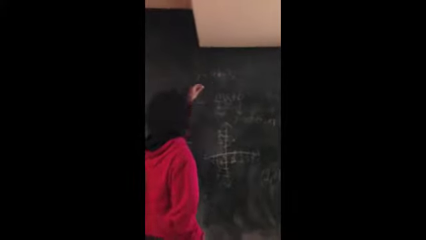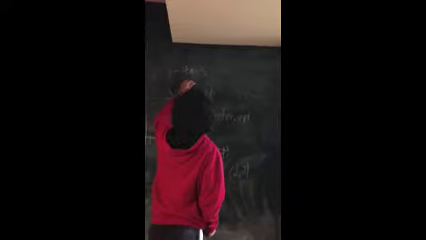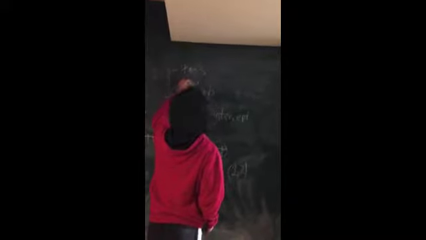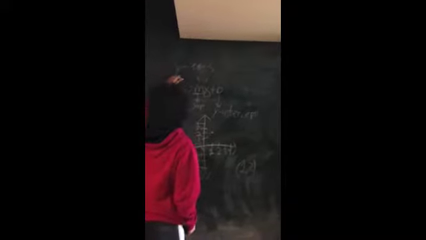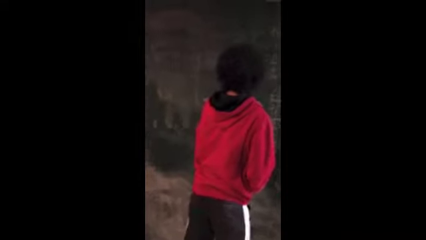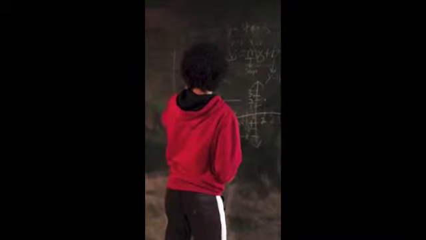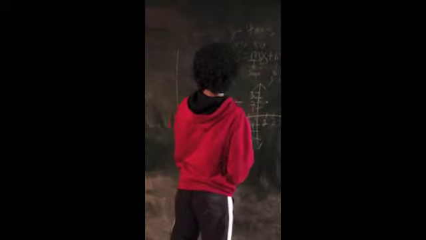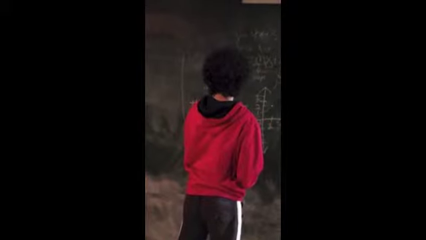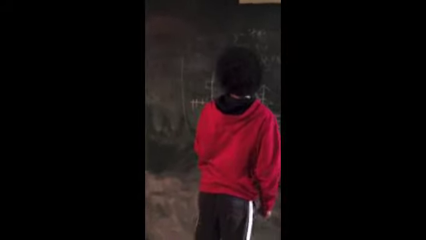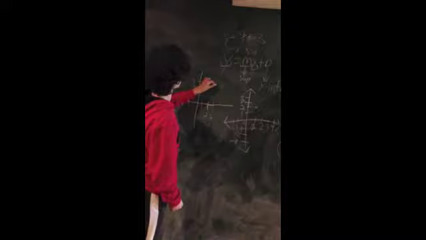So in this case, x would be 3 and y is 15. Now we'd graph this point. This is the first point.